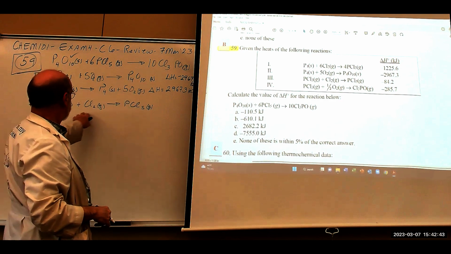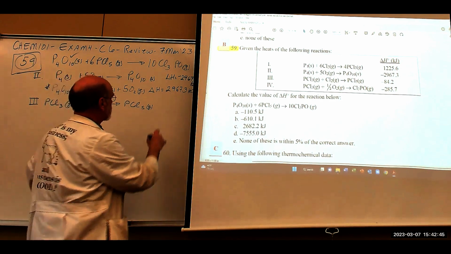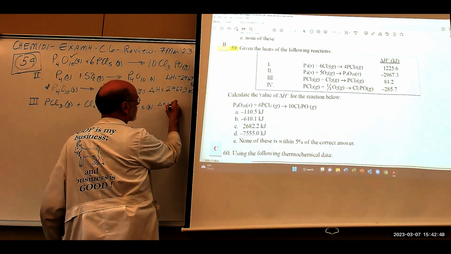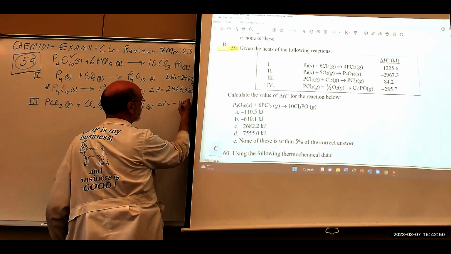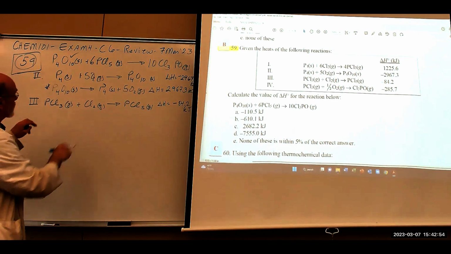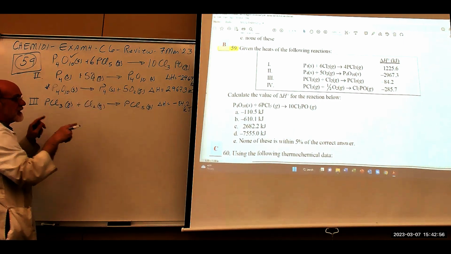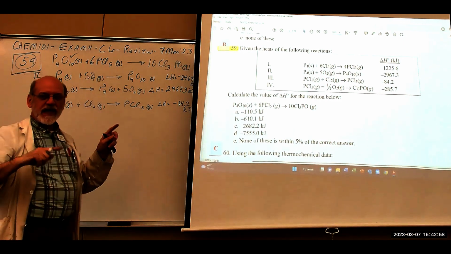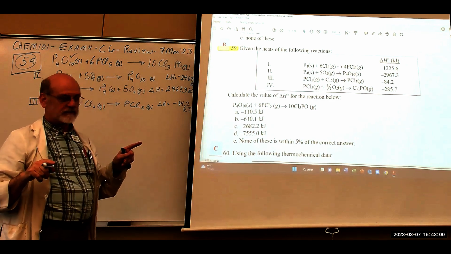Okay, just checking my numbers. All right, and the delta H for this one is negative 84.2 kilojoules. All right, so this one has to be on that side, plus we have to multiply it by a factor.